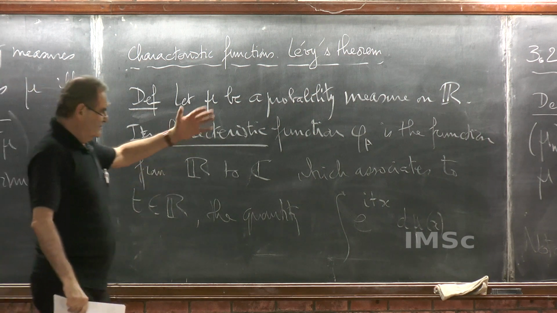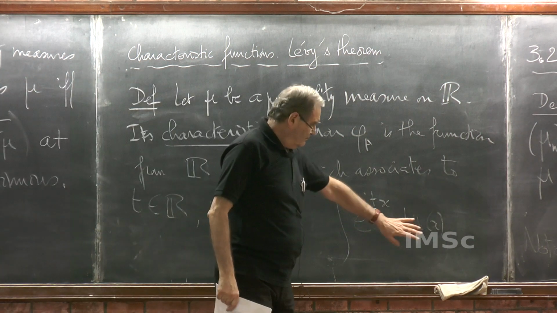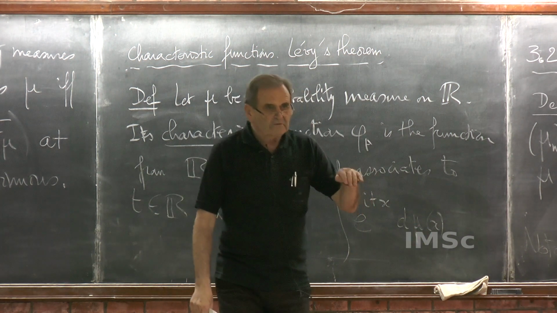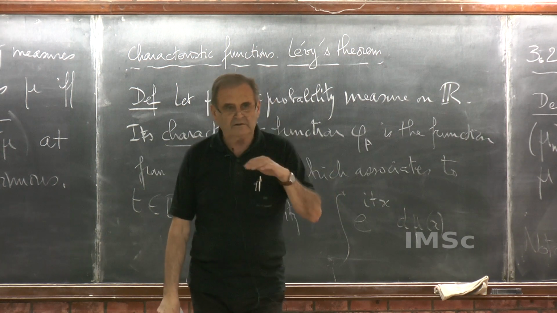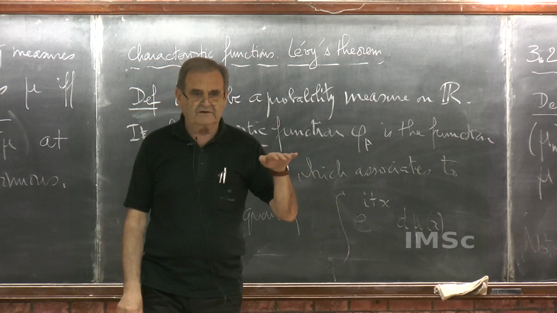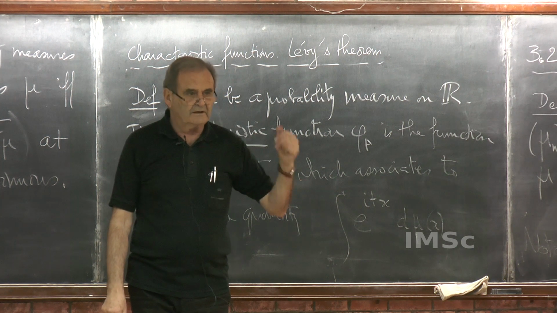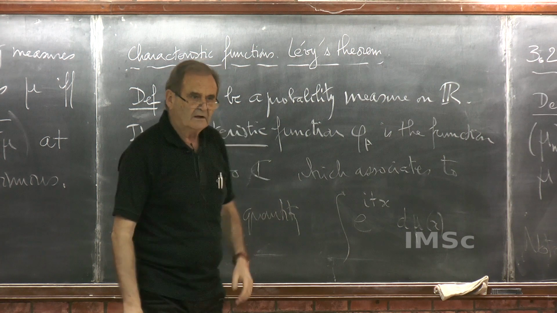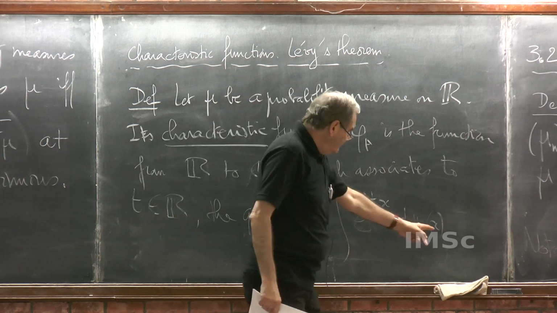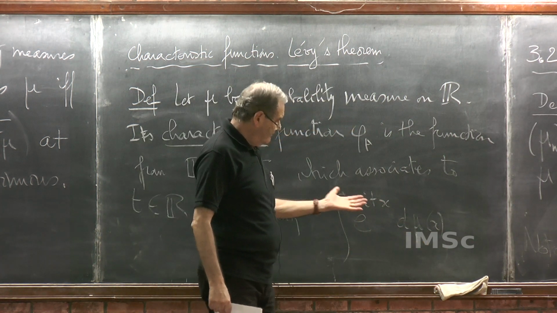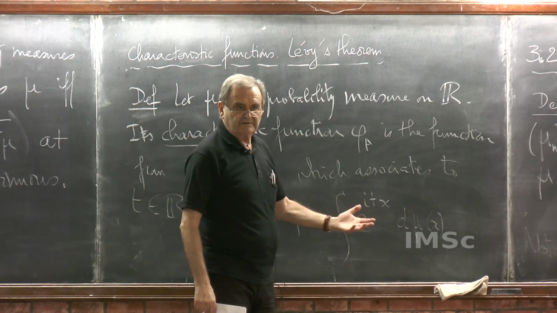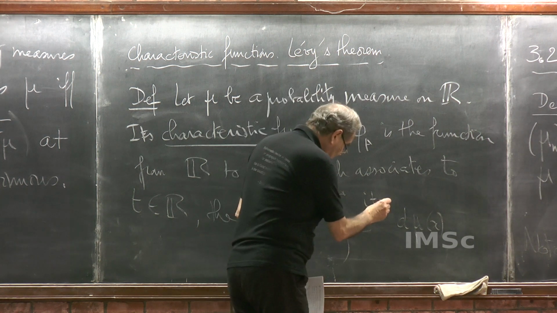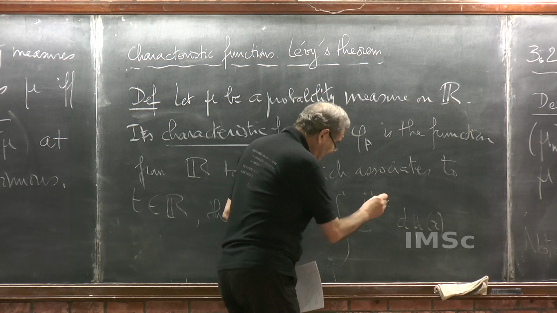So what you can think of is just, you know what this integral is, because we're on R. So to mu you can associate its distribution function, and you are taking the Riemann-Stieltjes integral. So there is nothing really too bad. The meaning is simply that here you have two variables, and you have to know which is the function. So t is a parameter, it is fixed, and the function is the function of x.